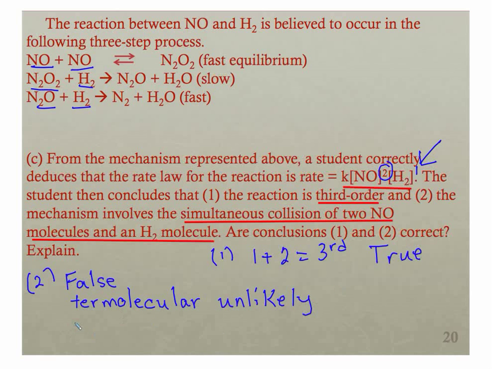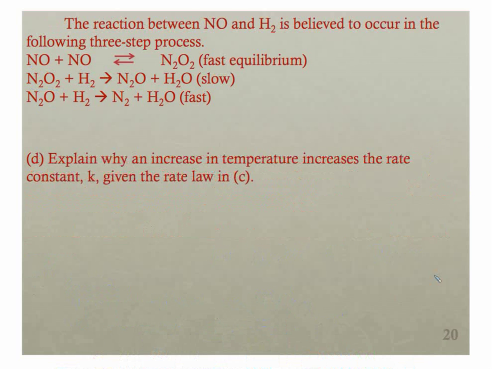And so all steps of your mechanism are bimolecular. So you want to note that, not termolecular. So they made the wrong conclusion because they were just looking at the orders and not paying close enough attention to the mechanism itself.